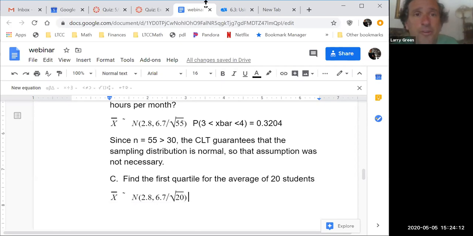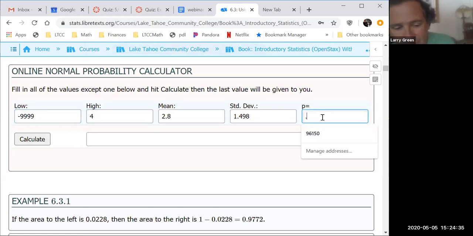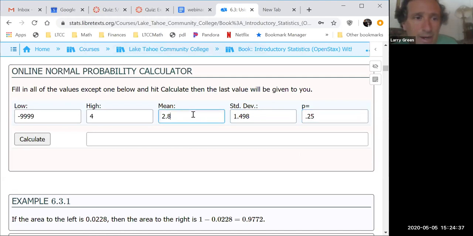So now we're going to find the first quartile. So first thing, our new standard deviation is 1.498. And now we don't know P. Our low will be negative 9999. And our high, sorry, we do know P is 0.25. And our high is what we don't know. And I hit calculate. And I get about 1.7896.